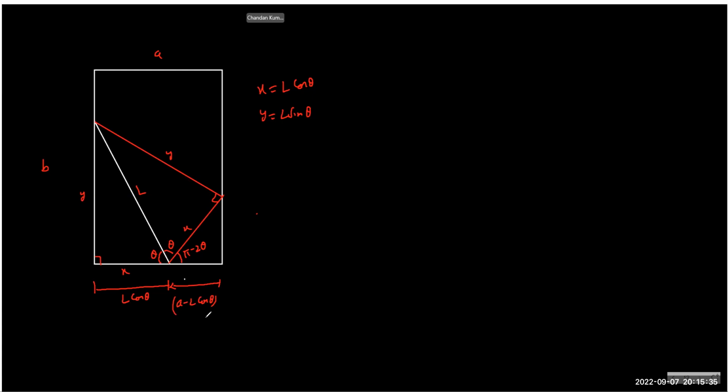Do we really need y? Y is not required. Or what is right? So we can write the formula like cosine law in this triangle. So using the cosine law, do we really need cosine law?